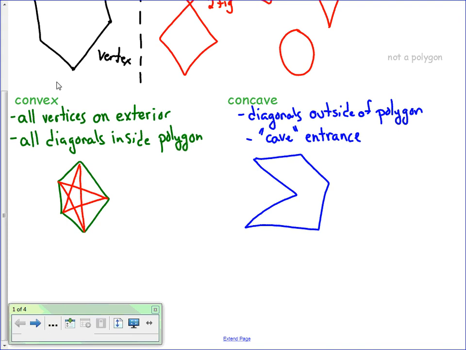If I draw this diagonal right here, that goes outside of the polygon. Yeah, some of these go inside, like if I draw these ones, they go inside. But if I were to draw this one, it also leaves. As long as one of them goes outside, it's called concave. And when we talk about your cave entrance, there it is. It kind of looks like Pac-Man a little bit.